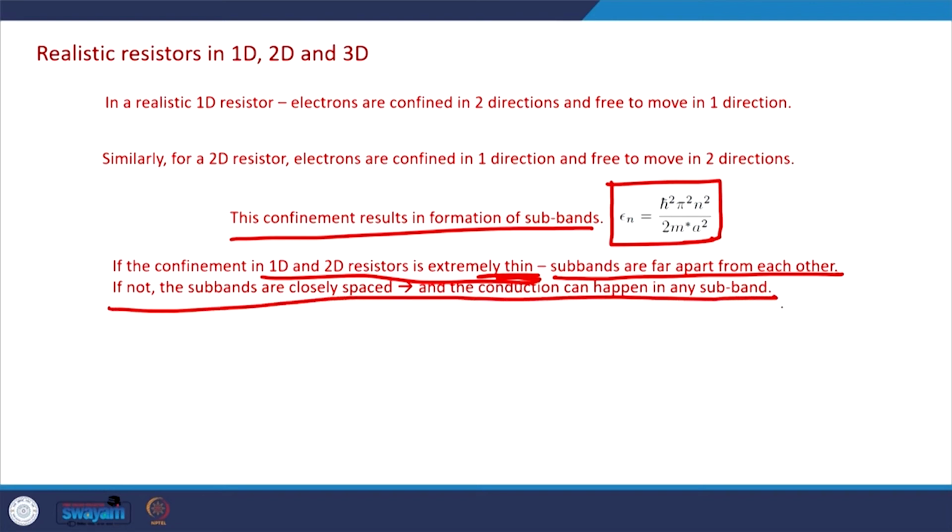So if a 2D conductor is extremely thin, it might happen that the subbands are very far apart from each other, and it does not make any difference in that case.